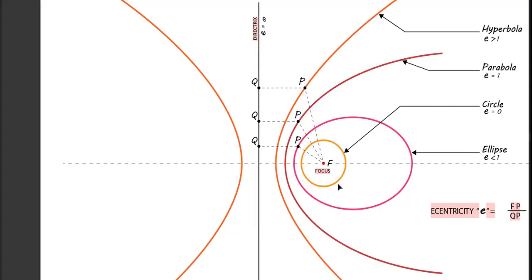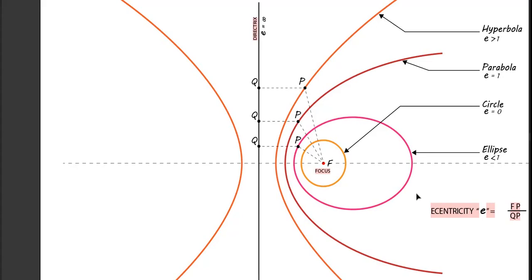This is the fixed line and this is the fixed point. The fixed point is called the focus and the fixed line is called the directrix. If P be any point on an individual curve, then the distance FP upon QP will always be the same for any point on this curve.